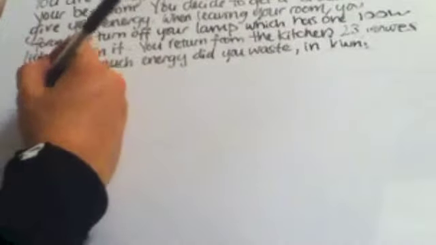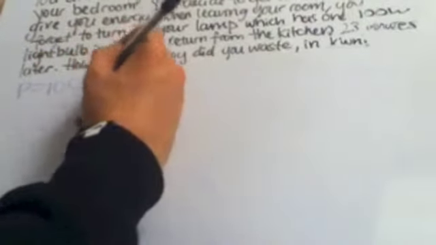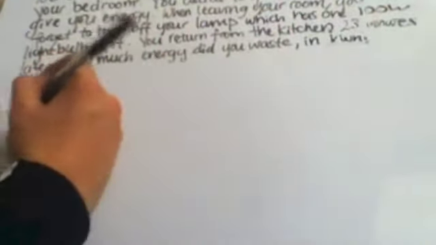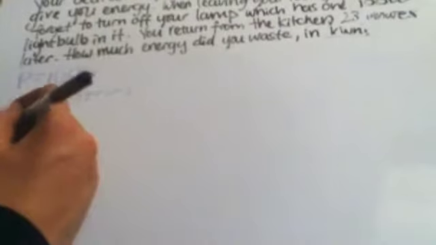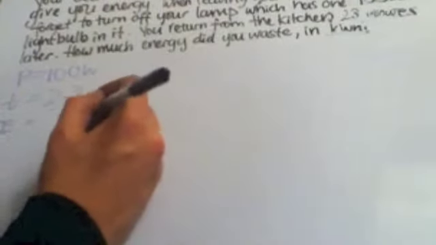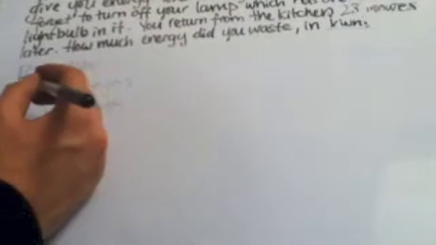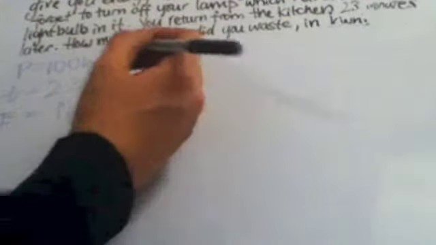So again, we want to start with writing down our givens. We know that the light bulb has a power of 100 watts, and we know that it was left on for 23 minutes. We know that we want to find the energy in kilowatt hours. So looking at these values, we want power in watts, so that's already correct.